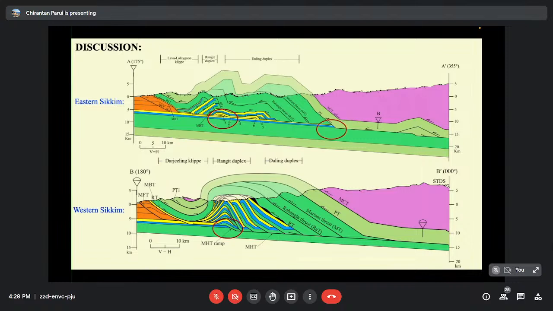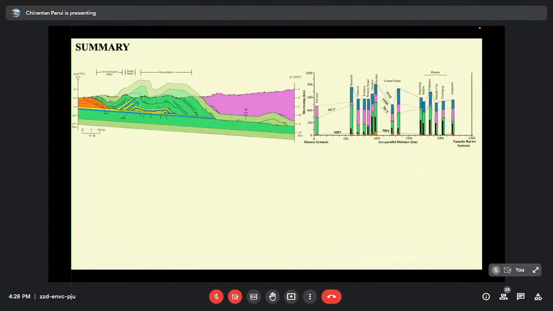And the corresponding footwall ramp lies farther north. So the lateral variation in the location and the thickness of the MHT frontal ramps has played a role in controlling this lateral variation at a smaller scale.